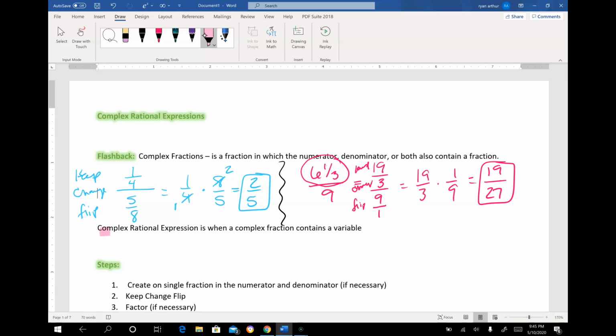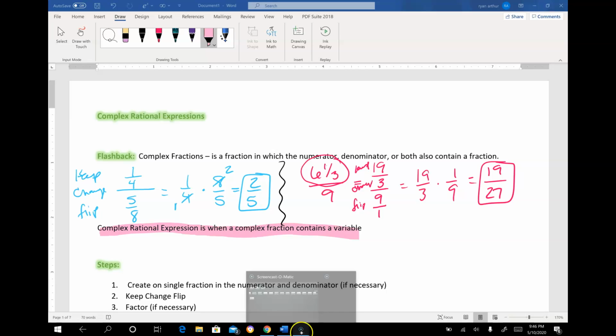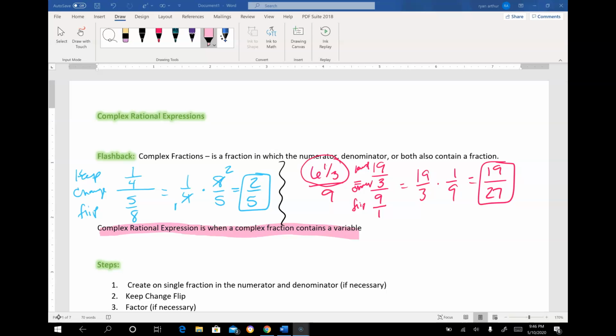We're going to do the same thing, except now we're going to talk about a complex rational expression, which is when a complex fraction contains a variable.